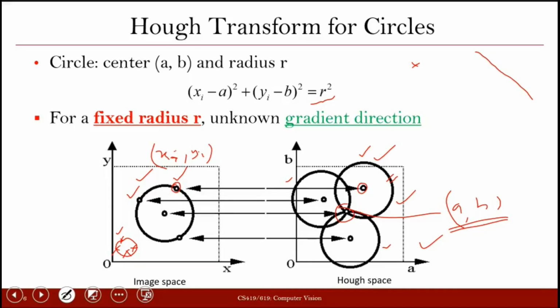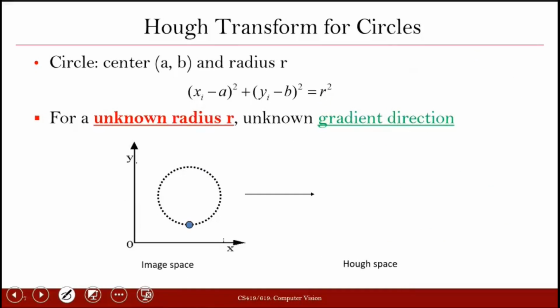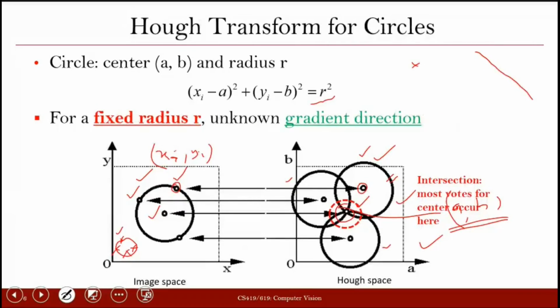Okay. So as I just said, based on the accumulation of the votes at this particular point, we decide the center for this circle here. Okay. So this was the case when the radius was fixed.